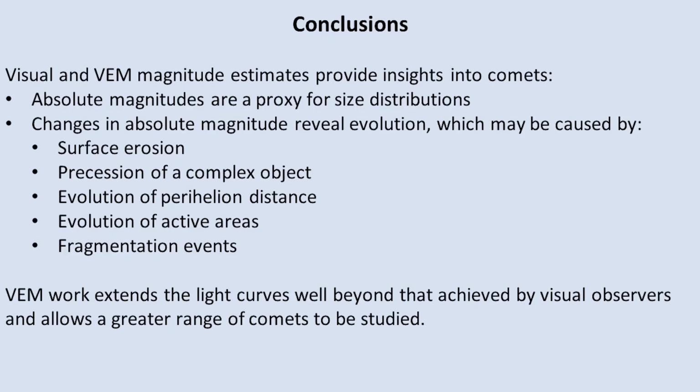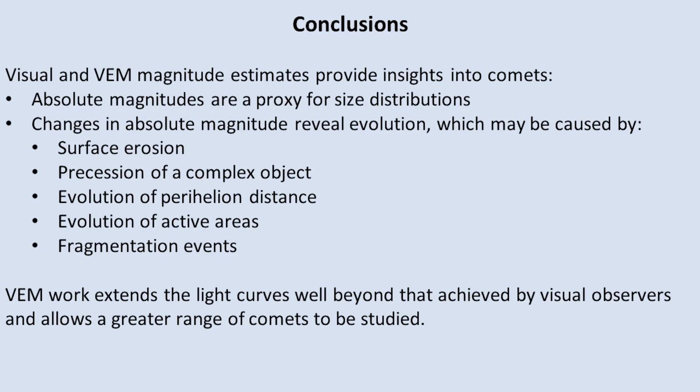So concluding, it's really quite important to know that the visual and visual equivalent magnitude observations that you make do give physical insights into the cometary nucleus. And there are changes in the absolute magnitude of many comets with time.